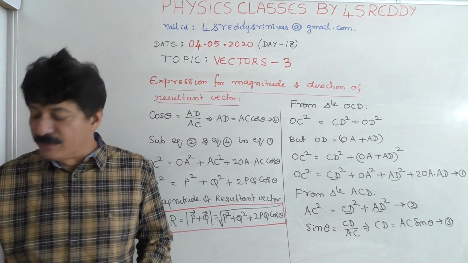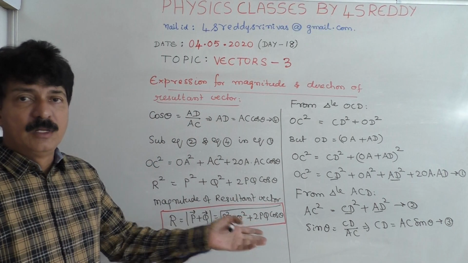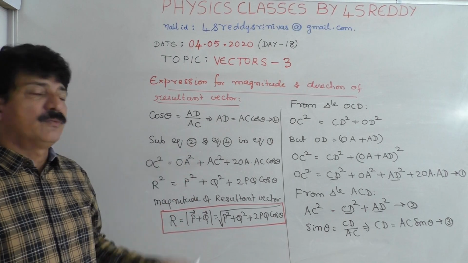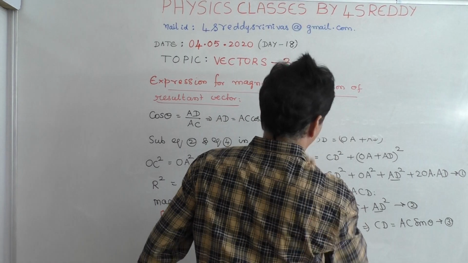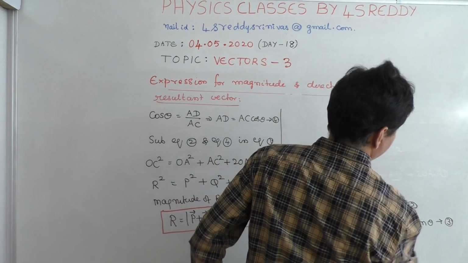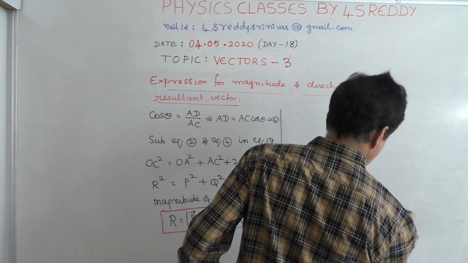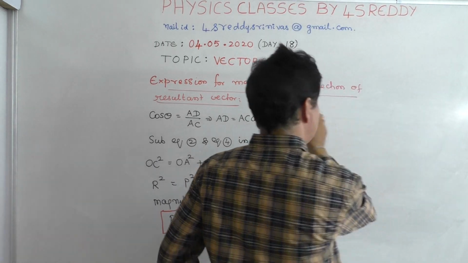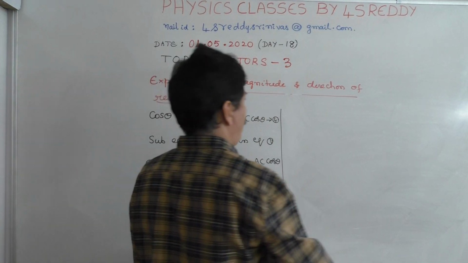Once you got the idea of this, then what about the direction? So this is simple. Using Pythagoras theorem, we are able to find it out. And now, then come to the other one, direction.